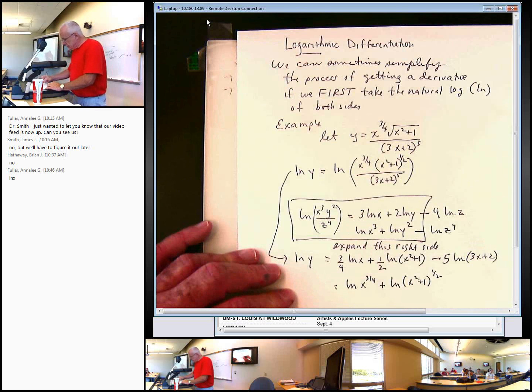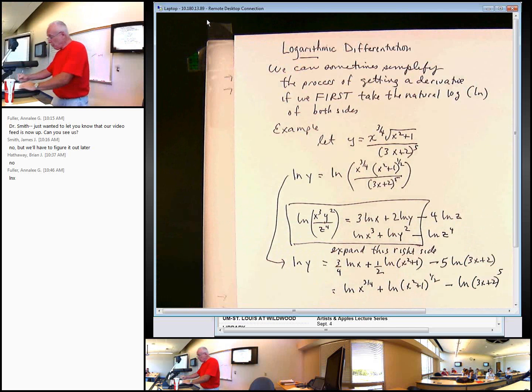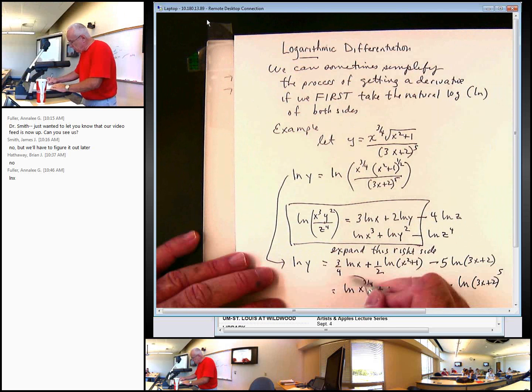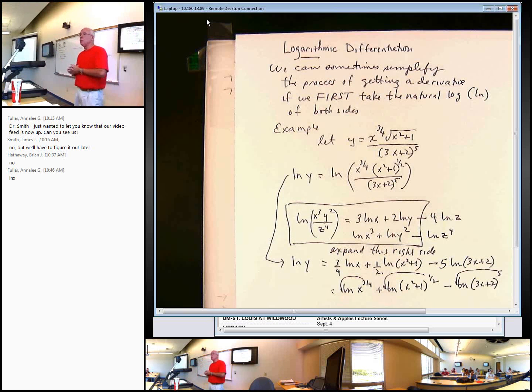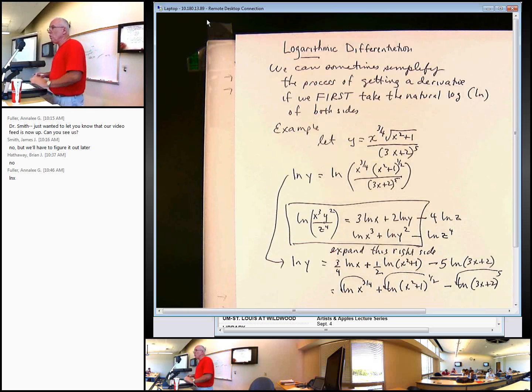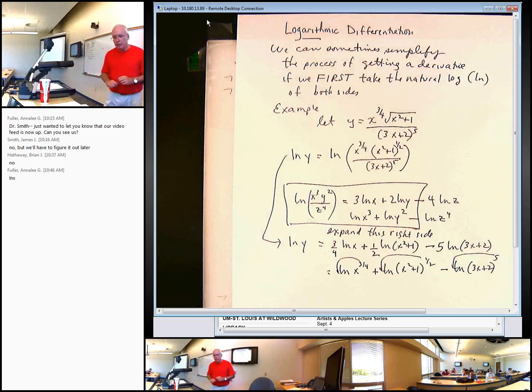Then because this is dividing, I have to subtract, and then the ln of 3x plus 2 raised to the 5th power. And then I do the next step, bringing all those individual exponents down, and I come up with what I had written right above it, okay? So I kind of did 2 steps in one with that first one. So we have this big, long expression here, okay?